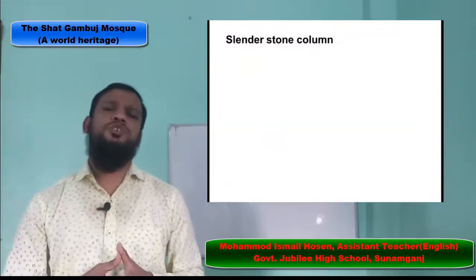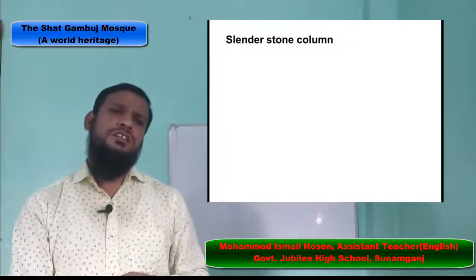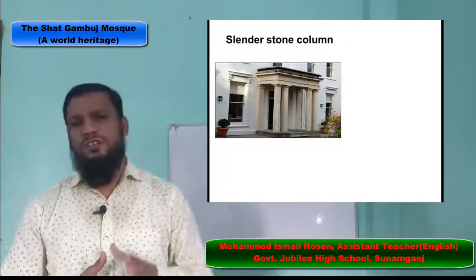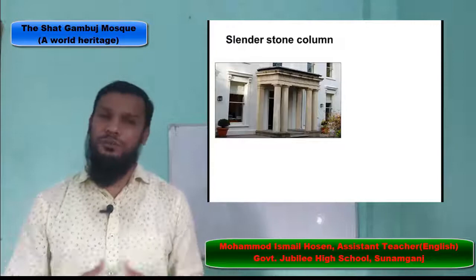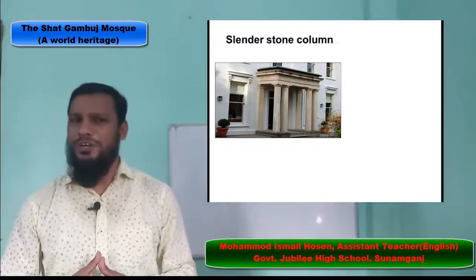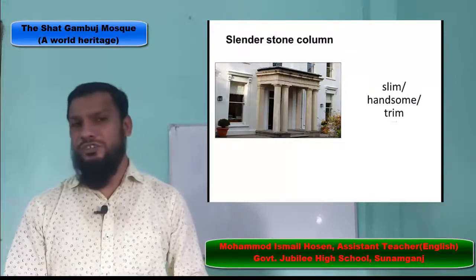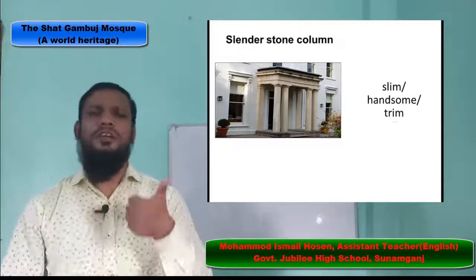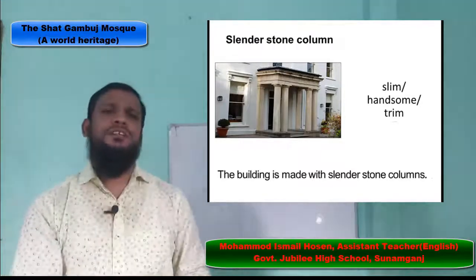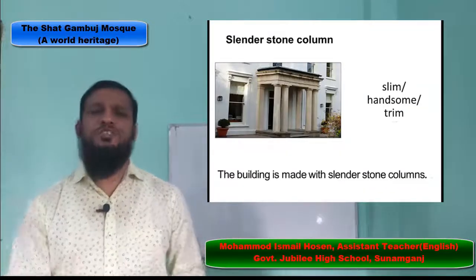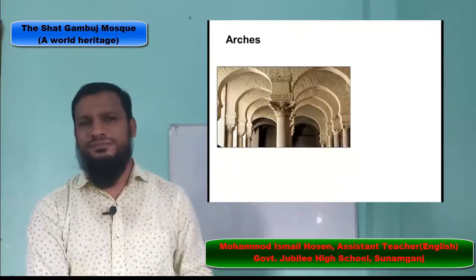Then slender stone column. Yes, it's a picture of a slender stone column, and you can understand its meaning. So, what do you understand by slender stone column? Slender means slim, handsome, or trim. The building is made with slender stone columns.